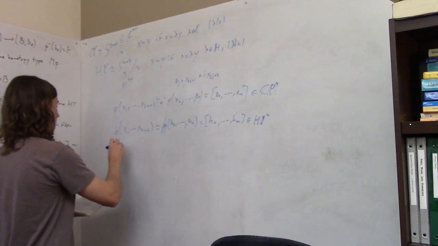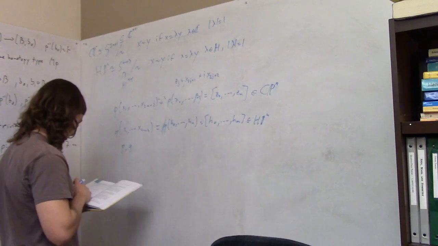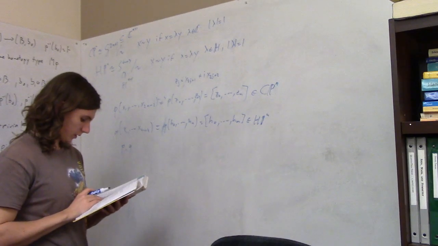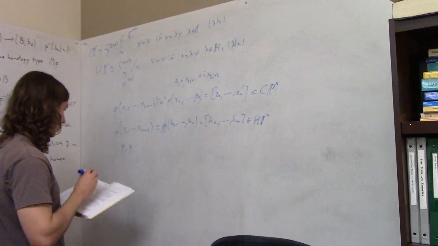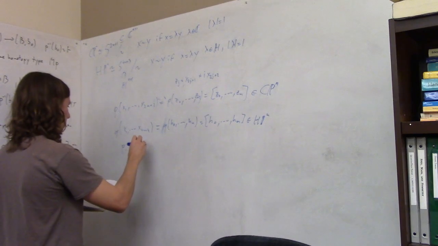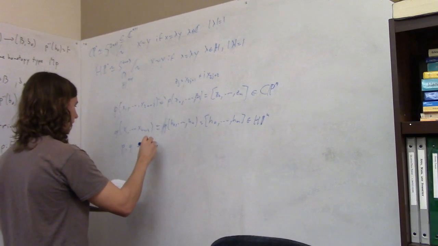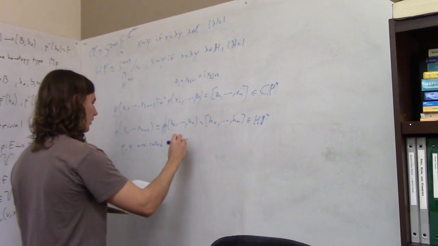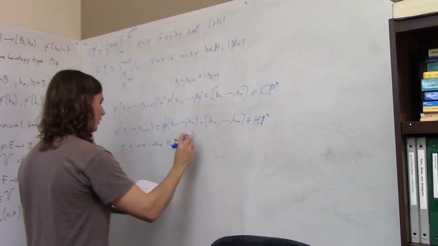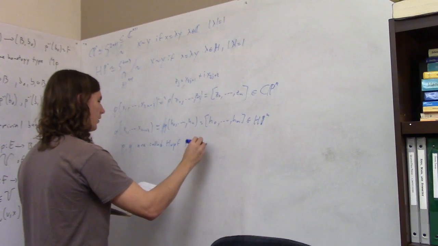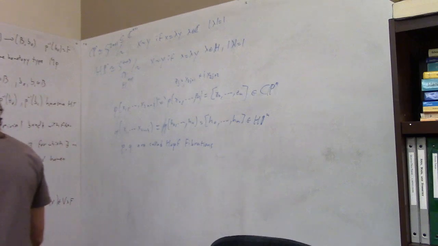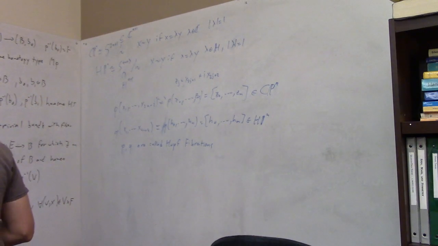Are you going through the proof of 11.353 or no? I'm not sure where you are. Yeah, this formula is neat, right? Let's do that. So P and Q are called the Hopf fibrations. Okay, so let's get to this theorem.